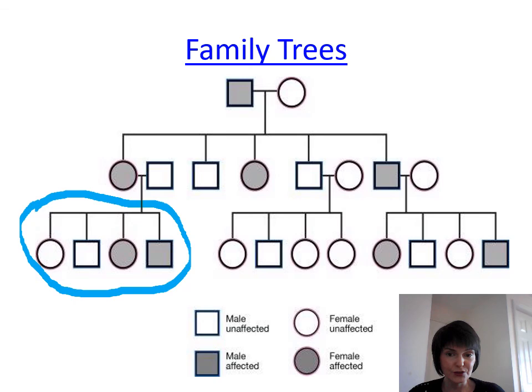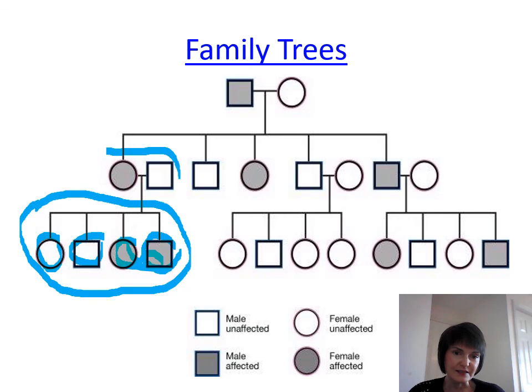We've got two females, female and female, and we've got male and male, and that's their parents there. Again, with family trees, it's about being able to identify what characteristics are within a family tree and a whole variety of things from a family tree diagram.